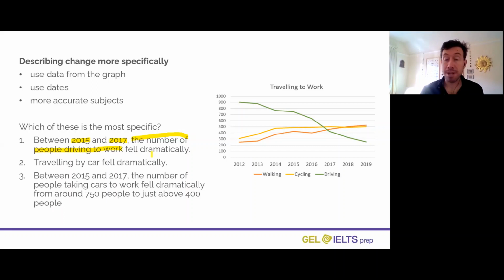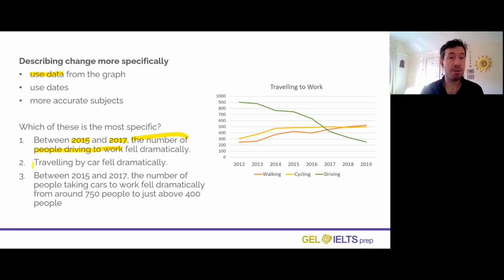The problem here is that it doesn't give any data. So that was what we said here in bullet point 1, is we need to use data from the graph. Here there is no data. How much did it change by? We want to know.